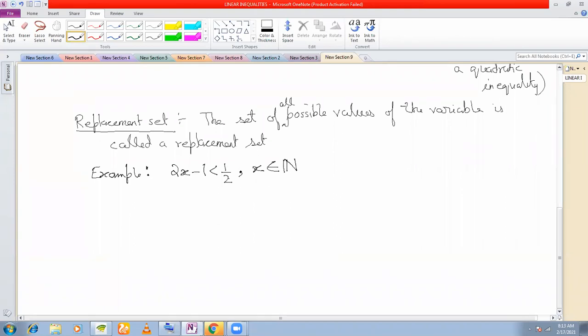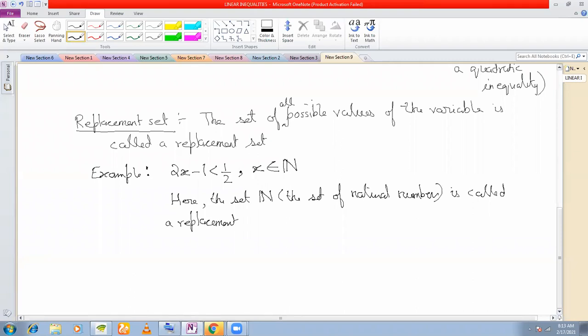So 2x minus 1 less than half, x belongs to N. Here, the set N, the set of natural numbers, is called a replacement set of the inequality.